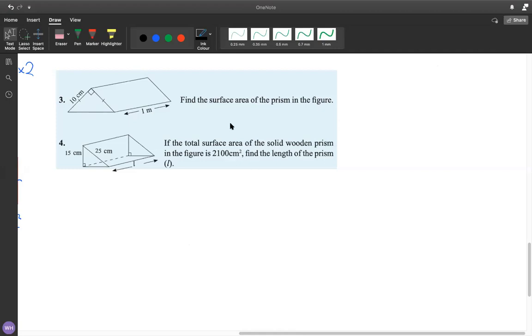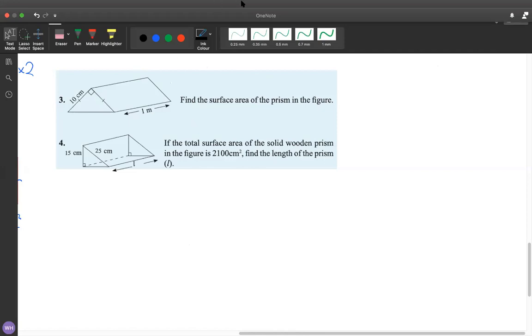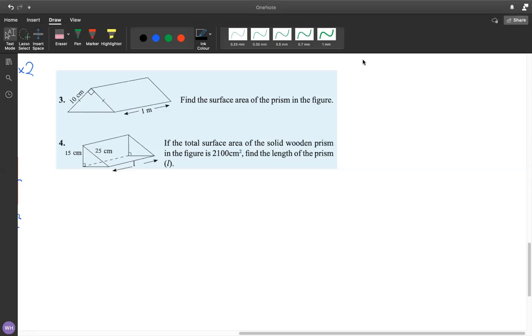Chamalka, tell me the answer for question number 3, otherwise you will be removed. You can talk on the mic or type and send it. Chamalka, answer please. Hurry up.